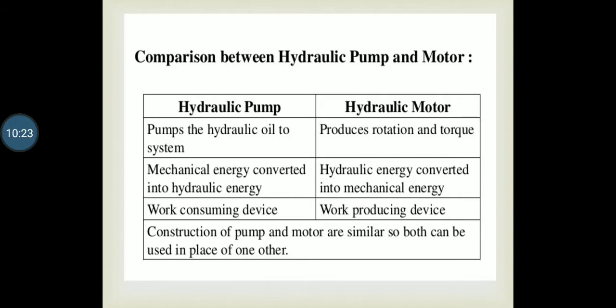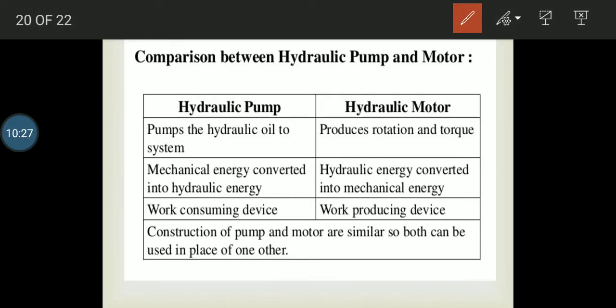Next, comparison between hydraulic pump and motor. Hydraulic pump is related to the hydraulic oil to the system. It actually pumps the hydraulic oil to the system, and hydraulic motor produces a rotation. The motor produces a rotation, and the pump pressurizes or delivers the hydraulic oil to the system.